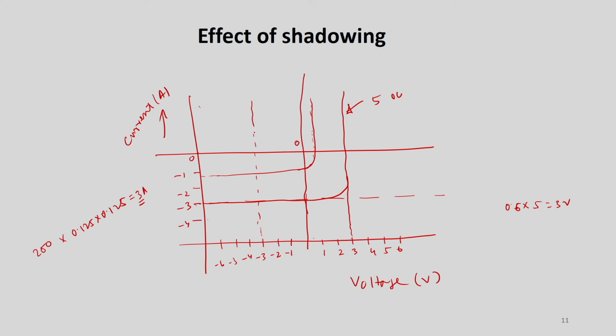This will come something like this, dotted line, and it will go something like this. As I said, this is for reverse bias. Now this part is the dissipation.